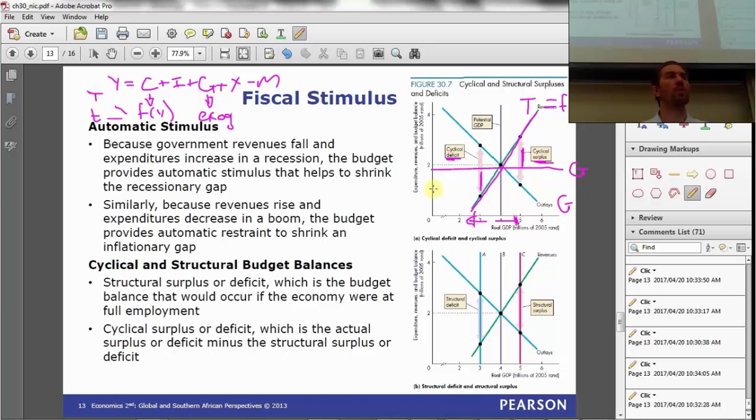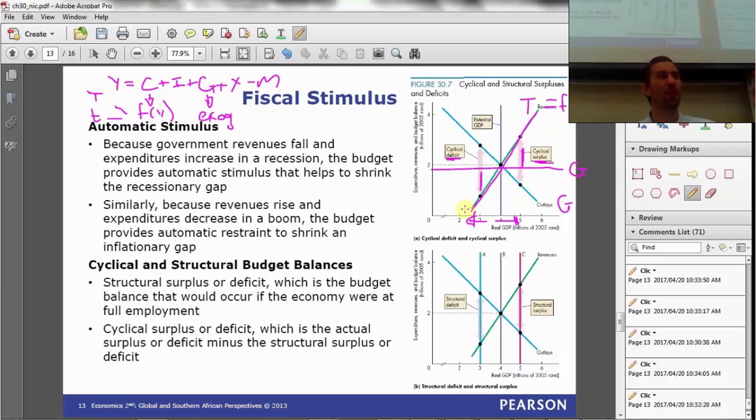What is a way in which government can stimulate output? By either increasing government spending or decreasing taxes, right? Let's just assume our government spending is constant, so that just sticks to the same story we've had before. We enter into a recession, output decreases, and as a result of output decreasing, taxes naturally fall.